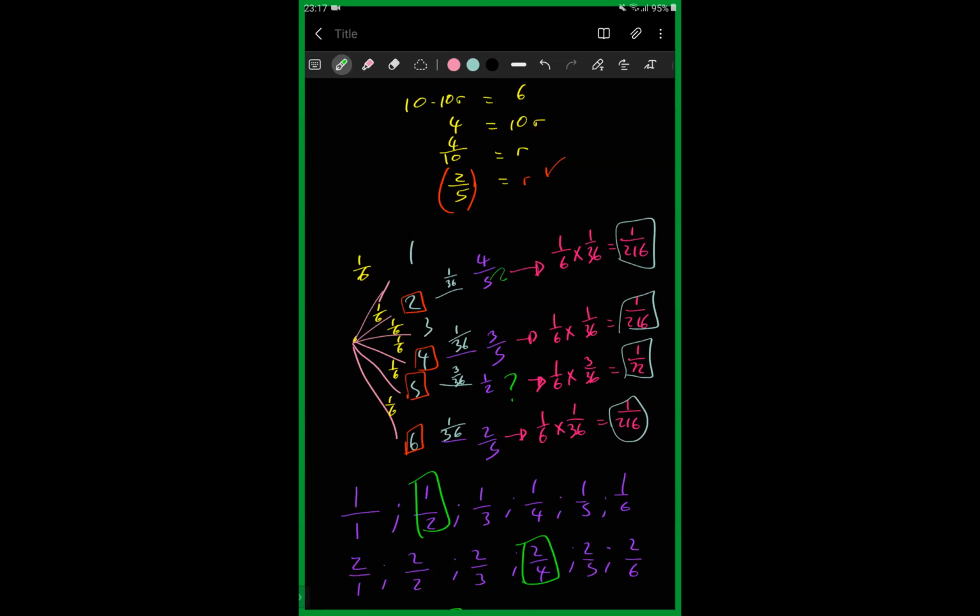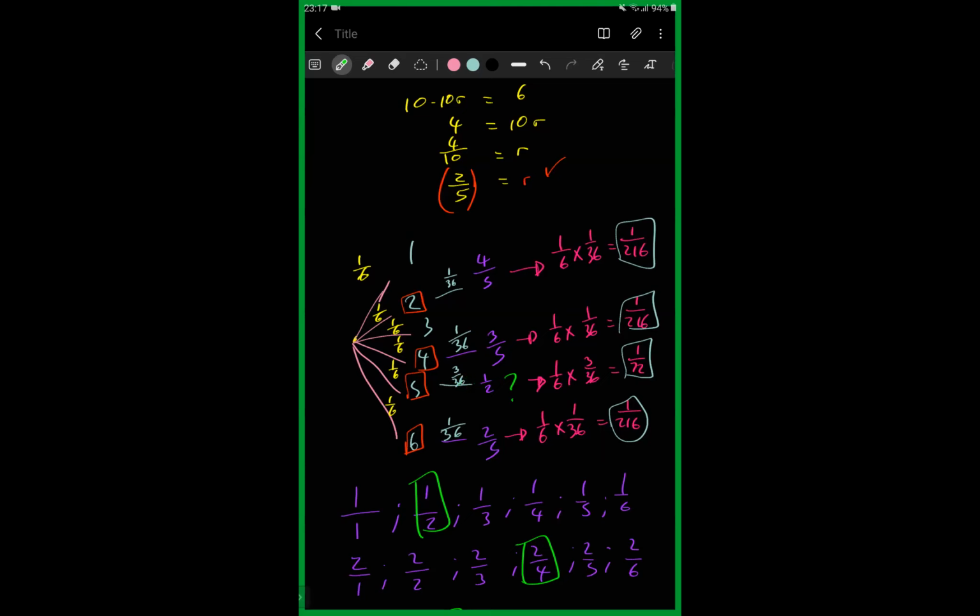So for this 2 to produce a sum to infinity of 10, this is what the value of r has to be, and there's only 1 out of 36 chances that we get that. For the 4, the value of r has to be this number, and we can only get this number 1 out of 36 times. And for 5 to produce something of 10, the value of r is a half. For us to get a half, there are 3 out of 36 options that we get a value of r of a half.